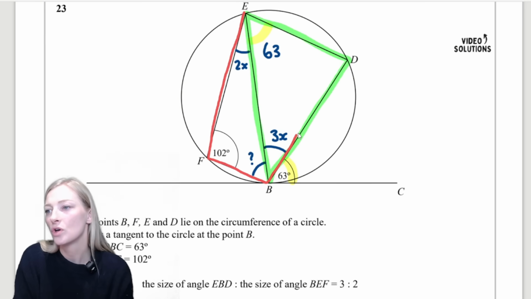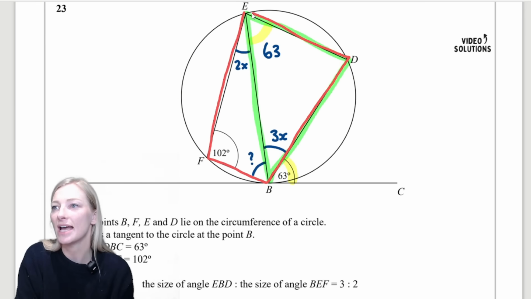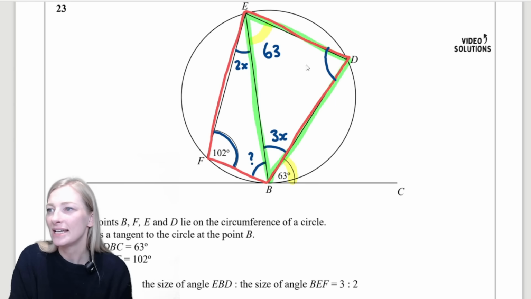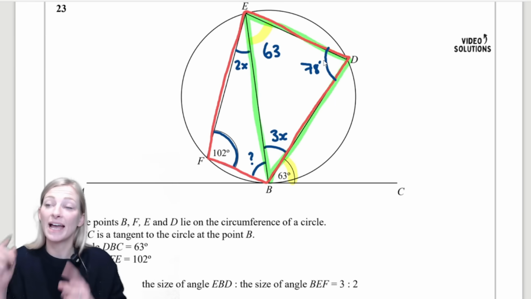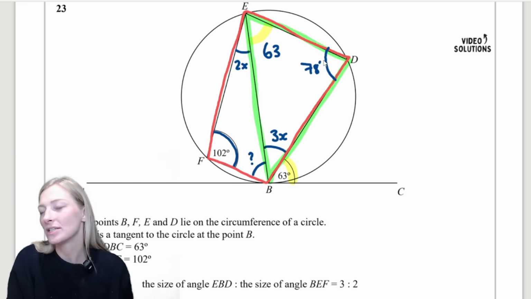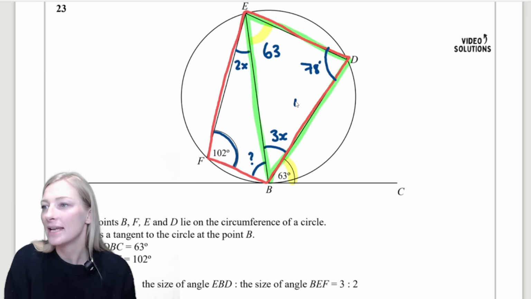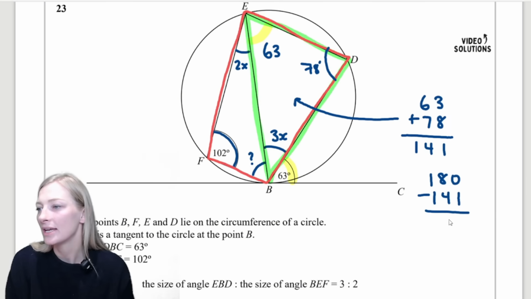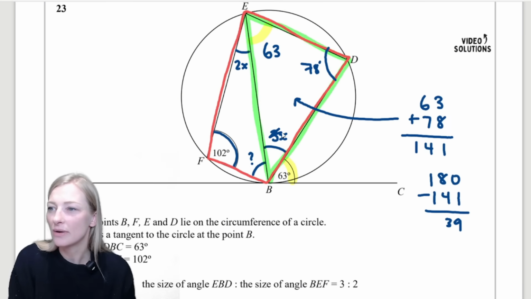All four corners of this quadrilateral are touching the circumference of a circle, and therefore if this angle here is 102, I know that this one is 78 because opposite angles in a cyclic quadrilateral add up to 180. Now I'm going to look at this green triangle. If we add together 63 and 78, I get 141, and 180 take away 141 is 39, which is going to go here. That is my missing angle there.